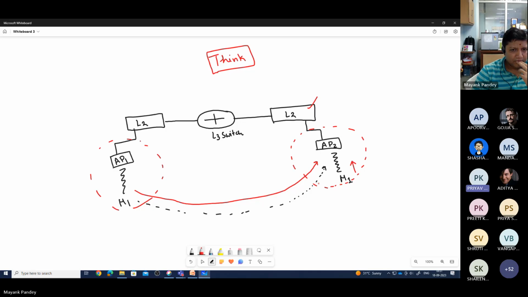L3 switch will also have a table with the next hop, right? But think over it properly. Why do we have L3 switches or routers in the network?